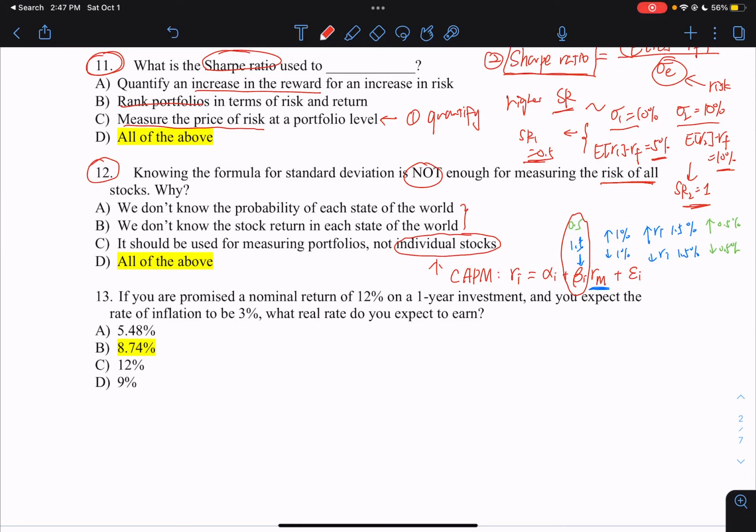The only thing that matters is the market volatility rather than the individual stock volatility. What matters is how the stock co-moves with the stock market, and that is called beta here. That's why knowing the formula for standard deviation is not enough for measuring individual stock risk.